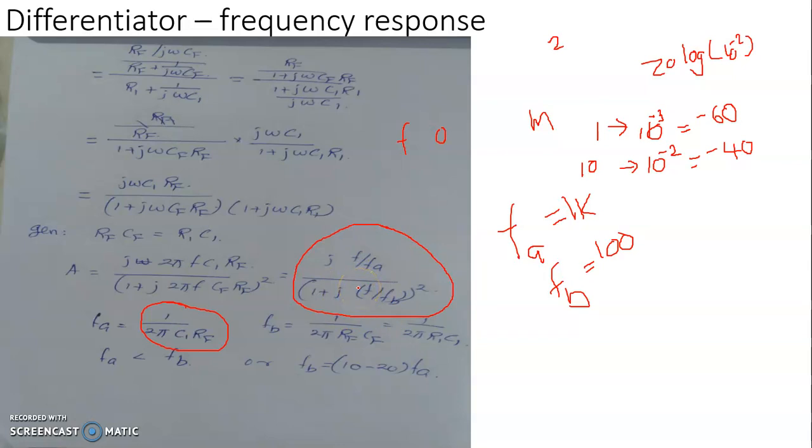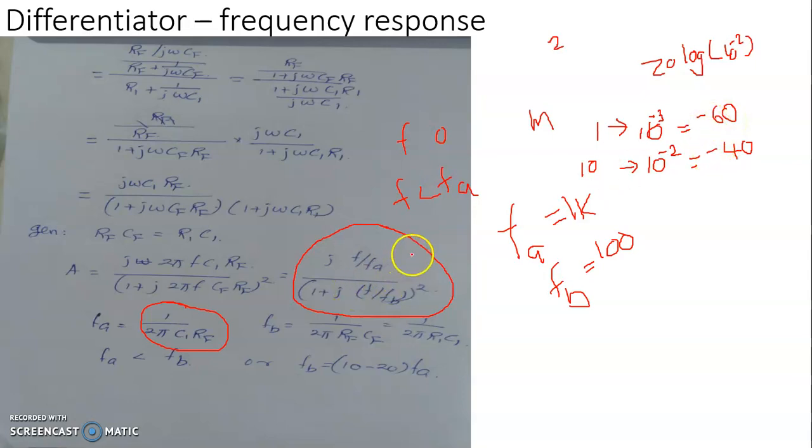So at low frequencies of the input signal, f less than FA, the contribution of the denominator can be neglected and the numerator will be offering the gain. And the nature of this gain is that as frequency increases, the gain also increases at a rate of 20 dB per decade.